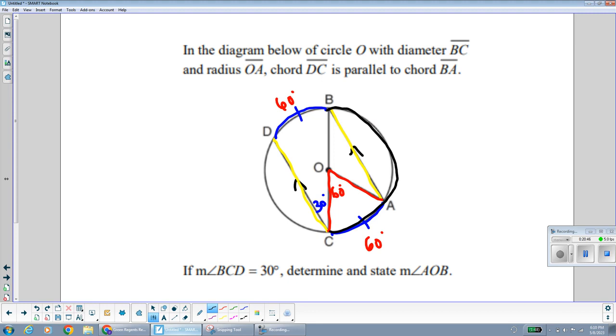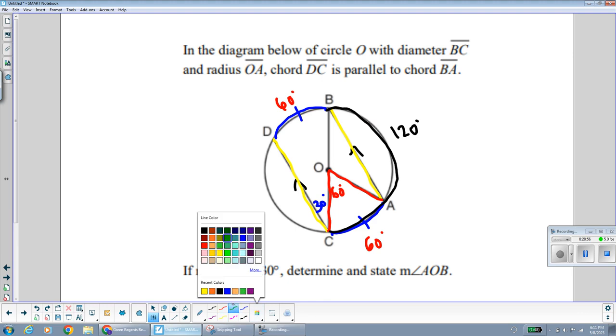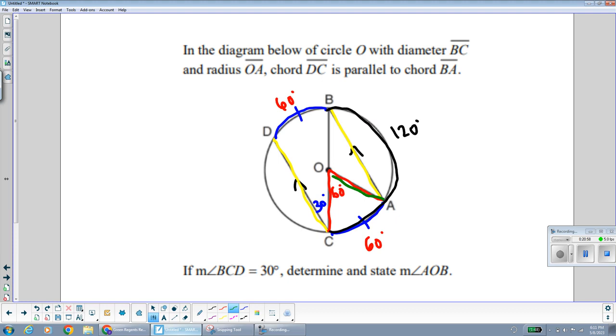I already have the 60 degrees, so 180 minus 60 is 120 degrees. And AOB, let me just highlight that, AOB is a central angle that intercepts arc BA. So if arc BA is 120 degrees, the central angle that opens up to it should also be 120 degrees.